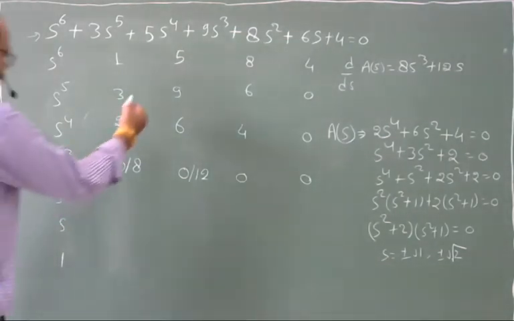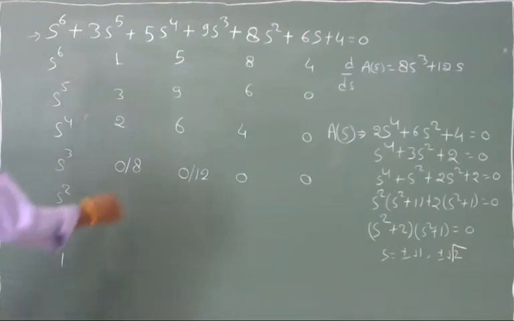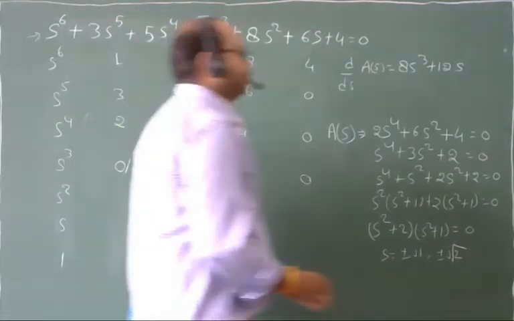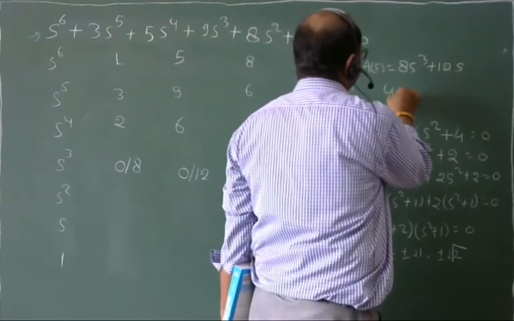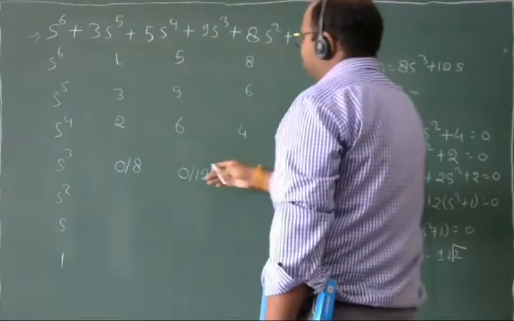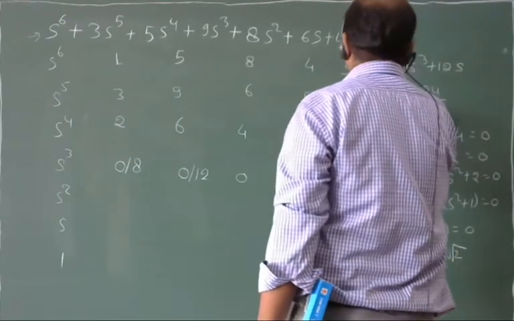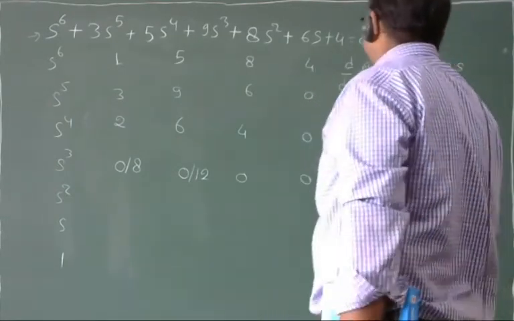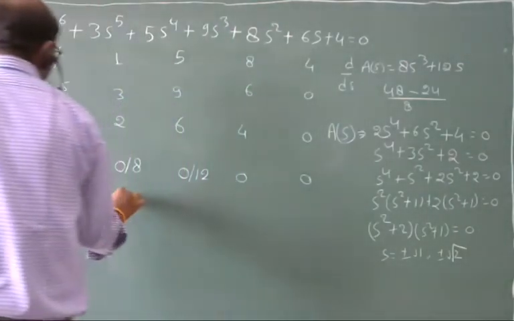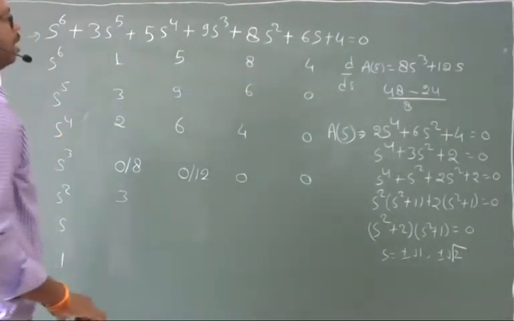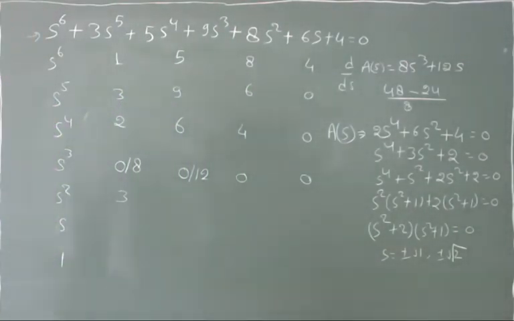Now proceed with the Routh table. 8 into 6, 48, minus 12 into 2, 24, divided by 8. So 24 by 8, 3. 8 into 3, 24.